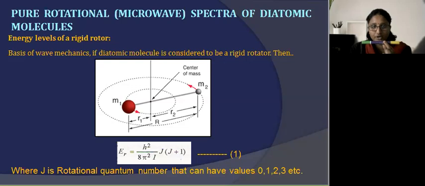The solution of the Schrodinger wave equation is ER is equal to h square by 8 pi square I into J into (J plus 1), where ER is rotational energy, J is the rotational quantum number, and that can have values of 0, 1, 2, 3, 4, 5, etc. I is the moment of inertia, and h is Planck's constant.